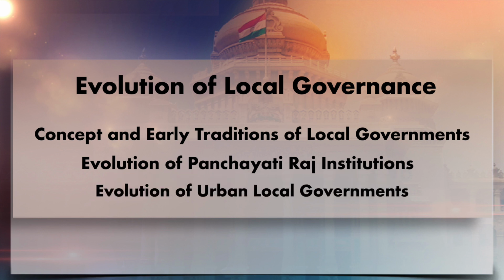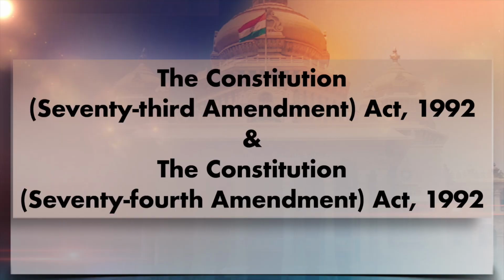And the third talk is devoted to the evolution of urban local governments in the Indian context. We will also have two separate talks on the remaining two themes which are to be taken up in this week. The themes are the Constitution 73rd Amendment Act 1992 and the Constitution 74th Amendment Act 1992.